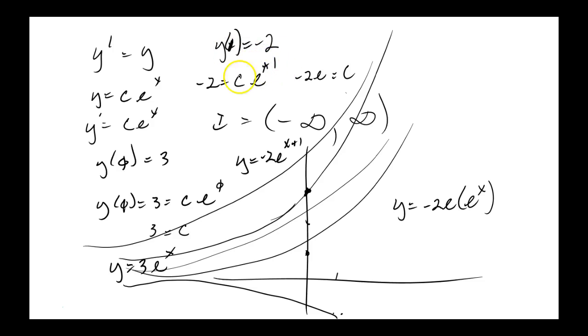So then you divide, and that's a minus 1 there, and then that creates a minus 1 there. You're right. Good catch. So that's y is equal to minus 2 e to the x minus 1. Sorry about that, I was doing it too fast.